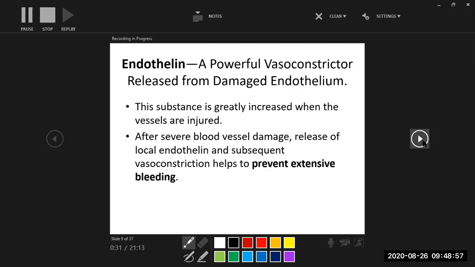So if I have a list, which one is the vasoconstrictor? Endothelin is the one, okay? So when we have an injured, damaged vessel, the endothelium cell will release endothelin to cause vasoconstriction. The idea is that if the vessel is injured, you want to prevent the bleeding, and so you want to make it constrict to reduce the blood flow.